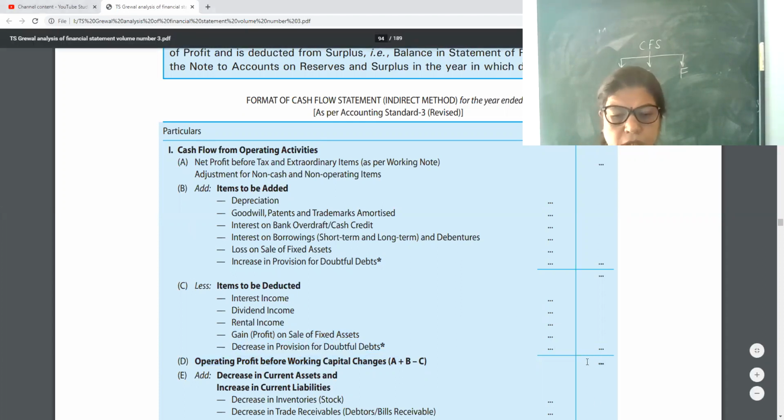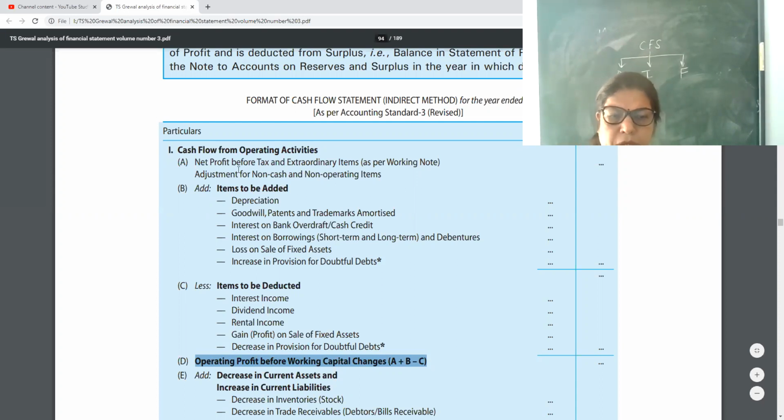Then in the outer column you will get OPBWC square, which means operating profit before working capital changes. So what to do?